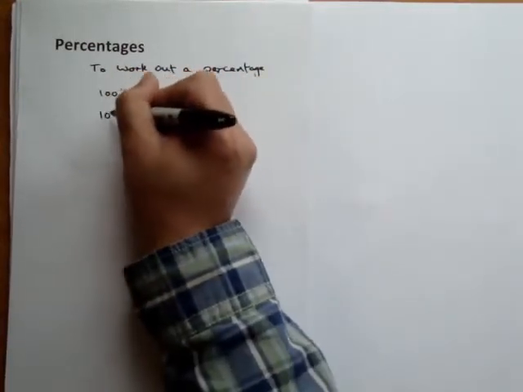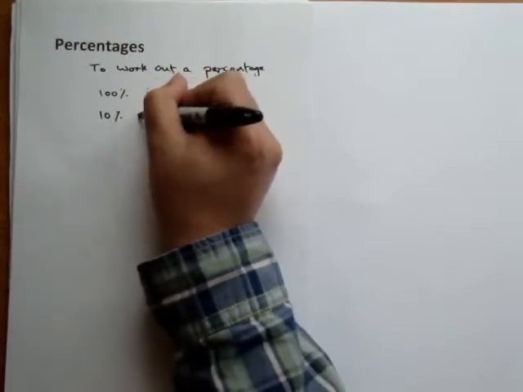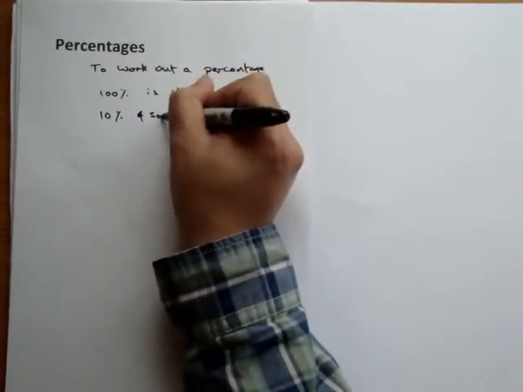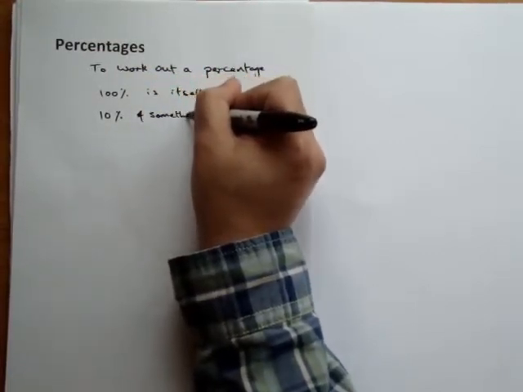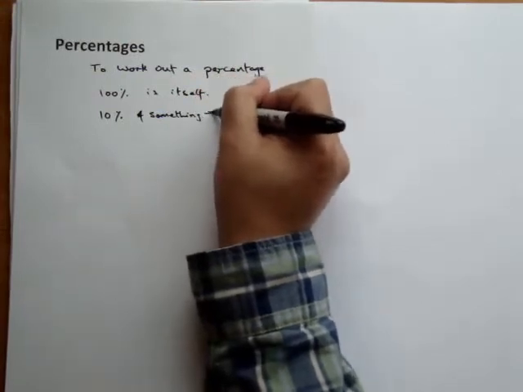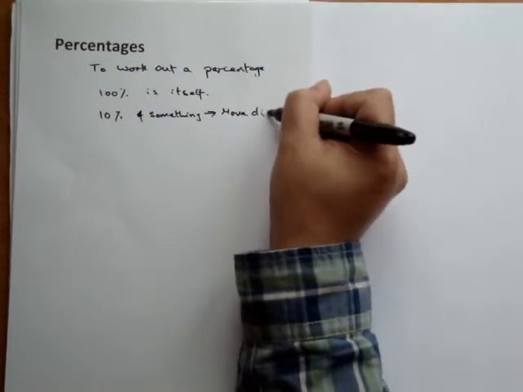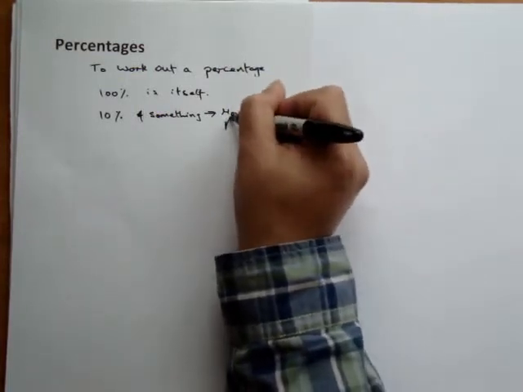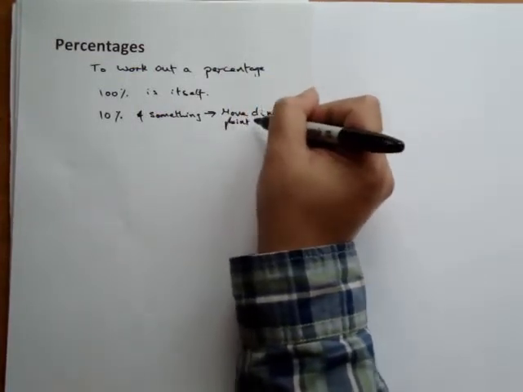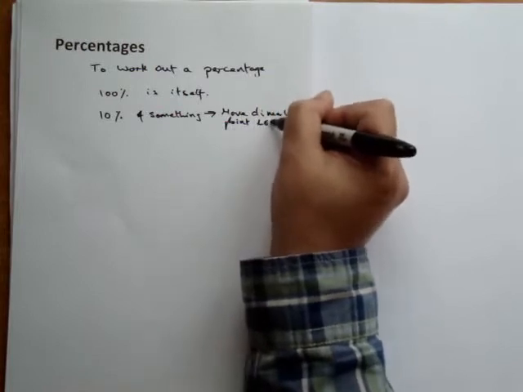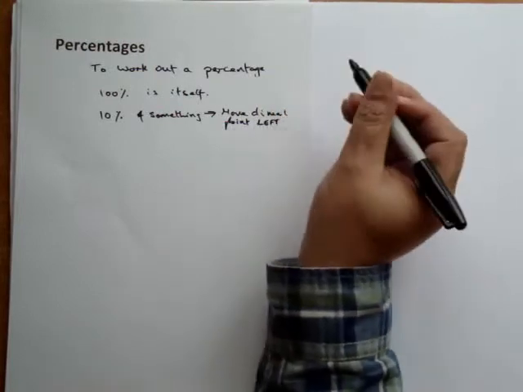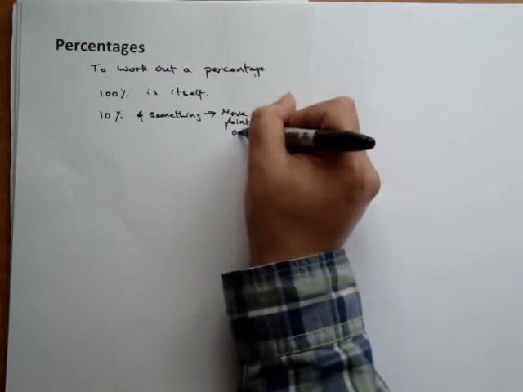When we want 10% of something, we move the decimal point left one place.